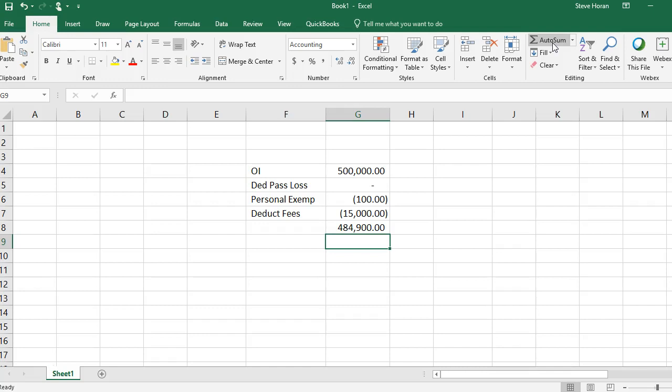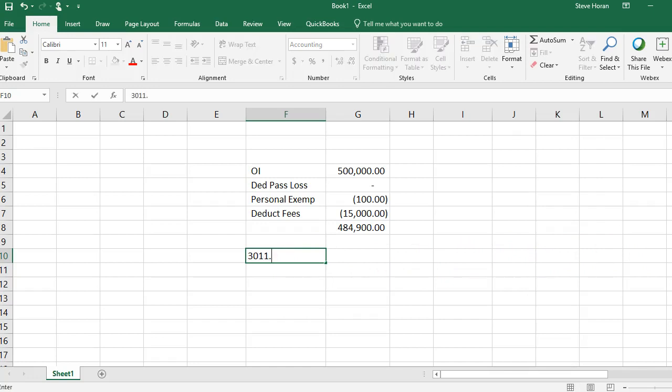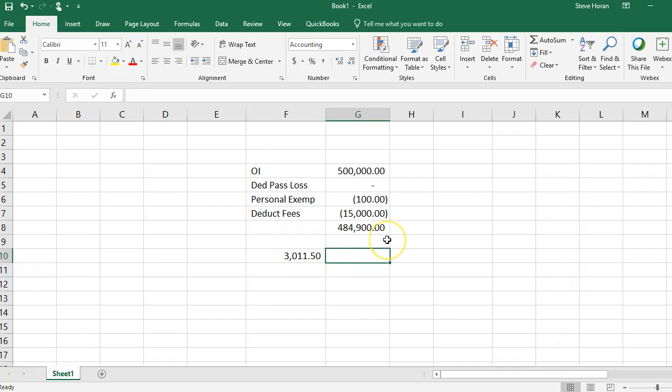And then from there, it's just a matter of plugging in our tax. So it's a matter of going to the personal tax tables and just keeping in mind that trusts typically pay at the highest level. Okay, so if you looked up the personal tax table and you found the $484,900, that puts us at a tax of 3011.5 plus 0.37, 37%, times the difference between the 484.9 and 12.5.